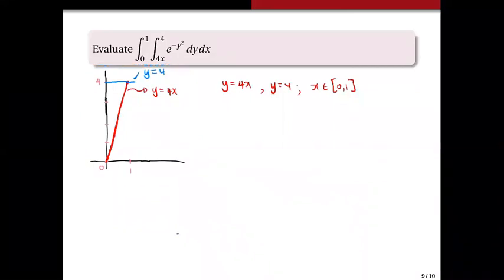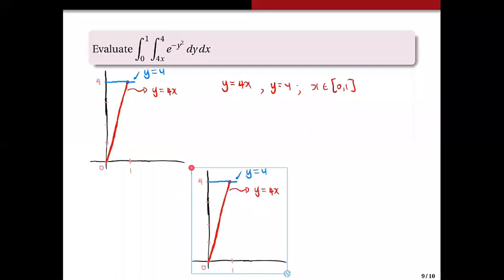I'll paste it here; it will be used for later. So in the current arrangement, we have this strip, and this strip will move from left to right, from 0 to 1. And therefore, the region is this part here.